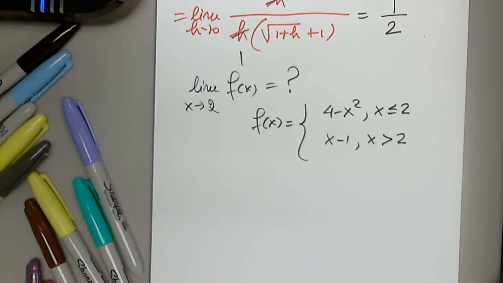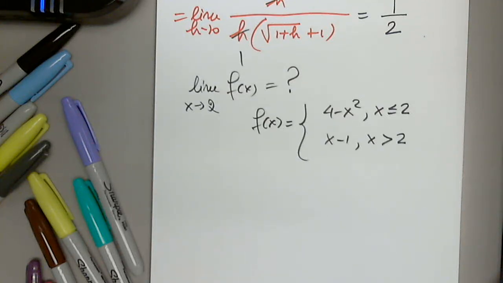To the right-hand side of 2, we have this function. So in order to find the limit from either side, what do I have to calculate? The limit from the left and the limit from the right, and if it happens that they are the same, what will I say? Let's say it equals 10. What will I say the limit from either side is? What if this one is 5 and this one is 10?